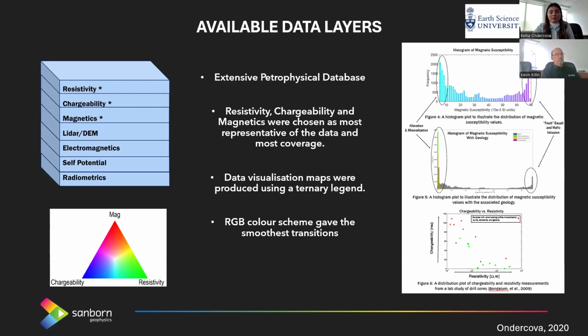Here are some of the relationships pictured on the right. The top one is just a histogram of the different magnetic susceptibility values. In the middle one, we see the magnetic susceptibility values also classed into different lithologies. The ones that were altered or mineralized had magnetic lows, and those are seen colored on the left end of the histogram.